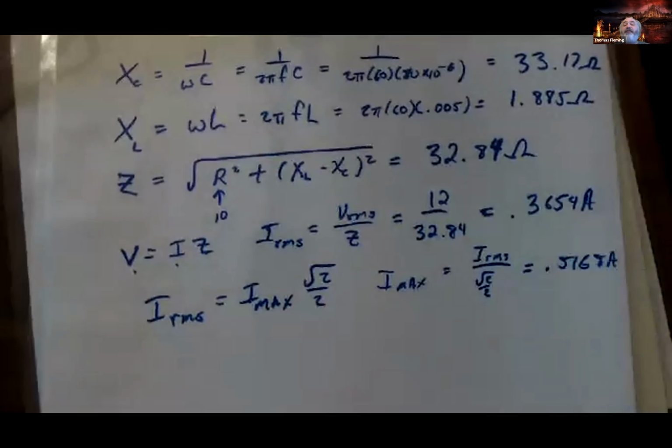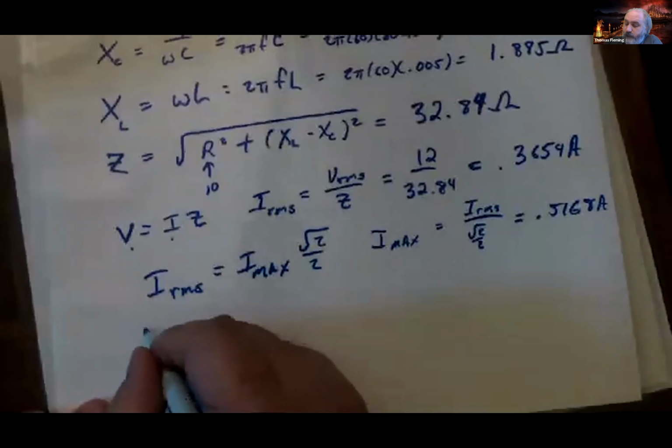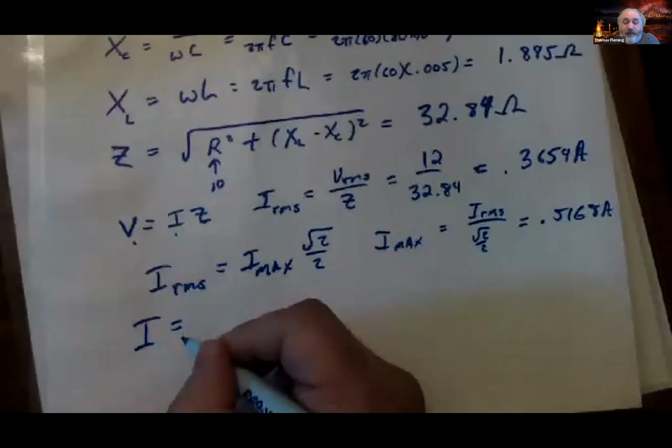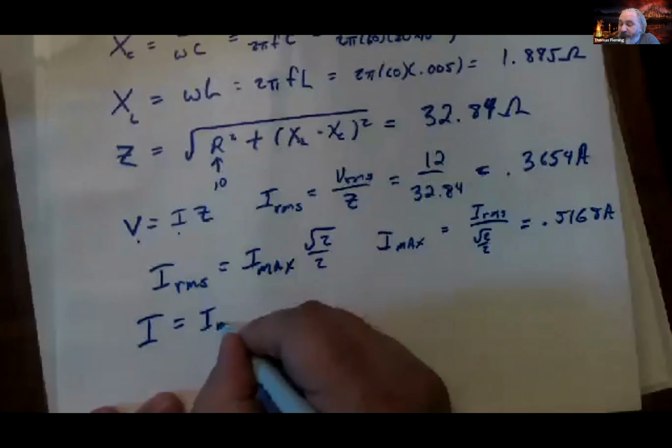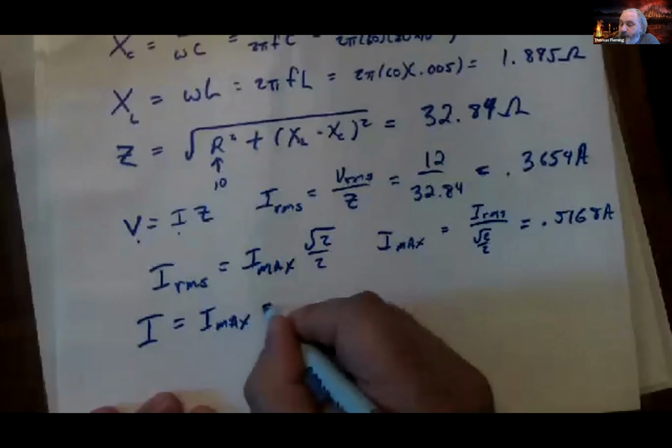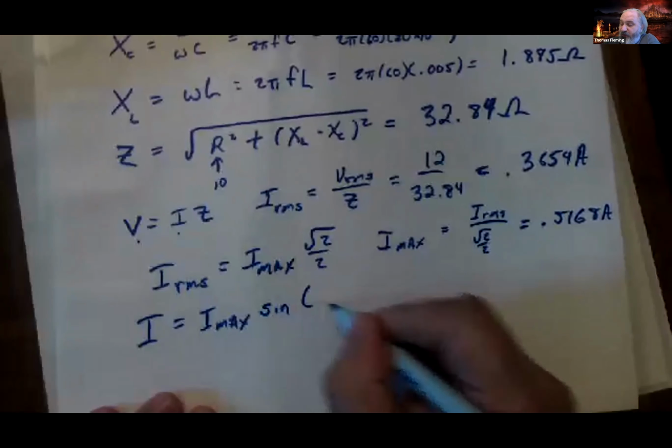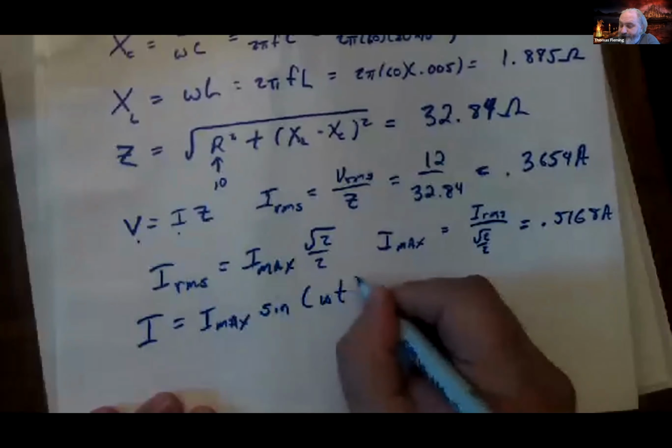So if I wanted to know the instantaneous current 10 seconds after I start, then what I would have to do is, I know that the current at any given moment is going to equal whatever I max is times the sine of omega t.